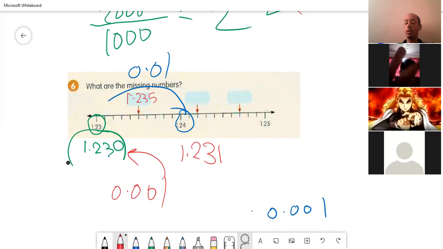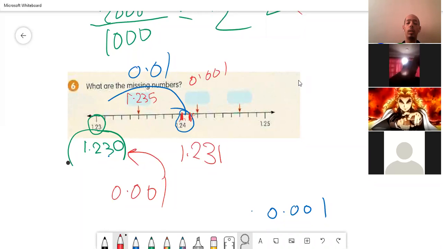Did you understand? The second one, 1.42. And the third one, 1.47. We will do the same thing for this. The difference between the two divisions here is 0.001.